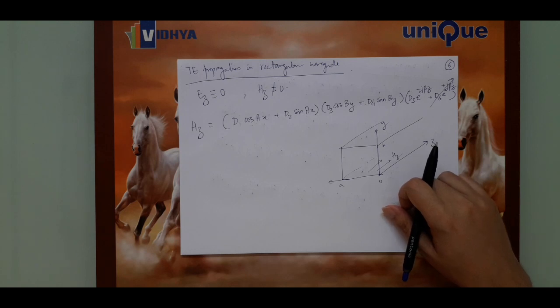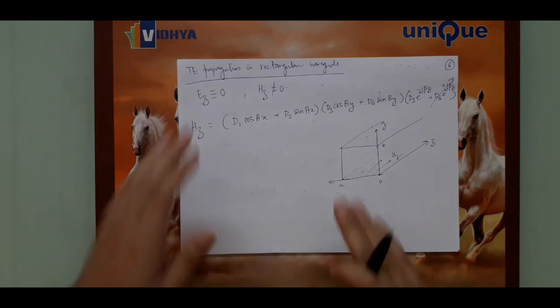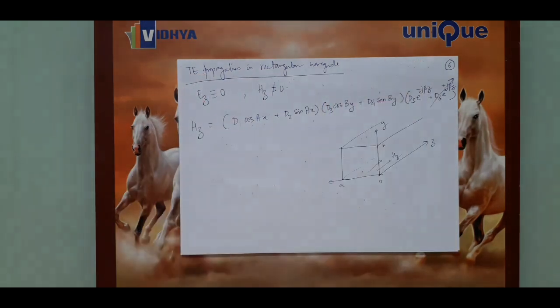So what to do? One of the best and only ways is to take Hz as it is and substitute in those equations we had derived, and obtain the X and Y components of the E and H fields, and then apply the boundary condition on those fields.